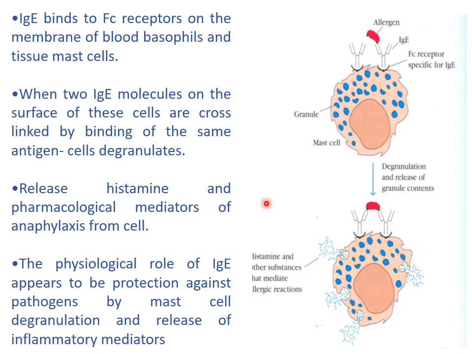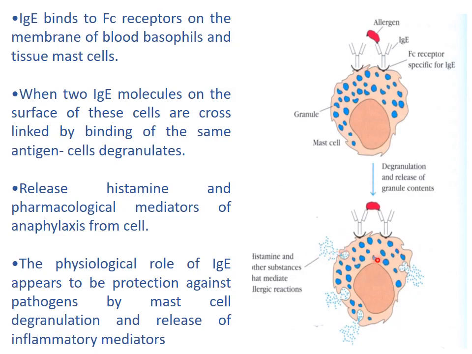Okay, so if an allergen comes and cross-binds with 2 different IgE molecules, the allergen stimulates the 2 IgE molecules by binding with both. So when 2 IgE molecules on the surface of these cells, that is the blood basophil and the mast cells, are cross-linked by binding to the same antigen, then the mast cell degranulates.